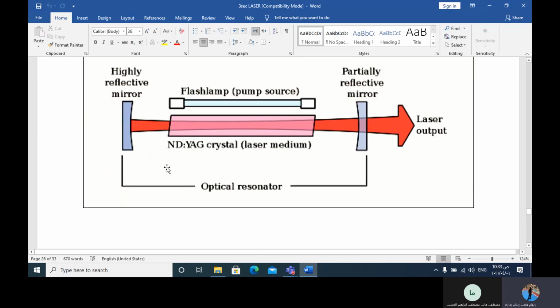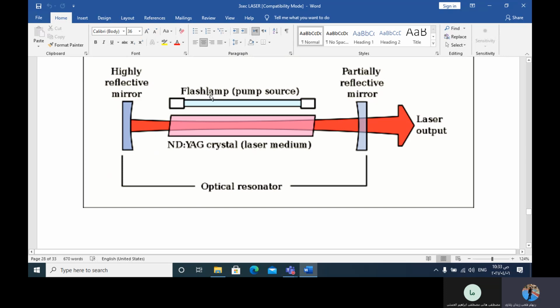Here is another structure of another laser, where I use optical pumping. What I mean by optical pumping is that we use optical energy, mainly light energy, to cause the excitation of the atoms.